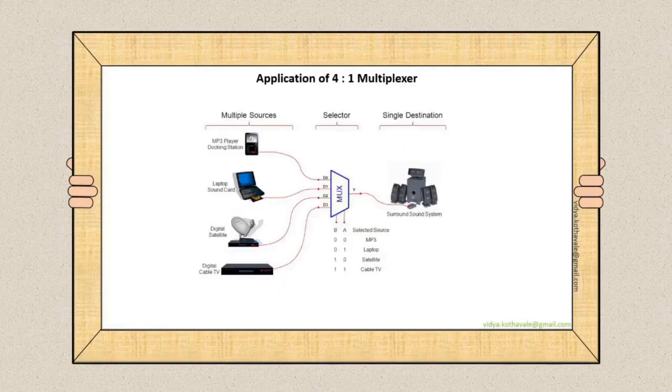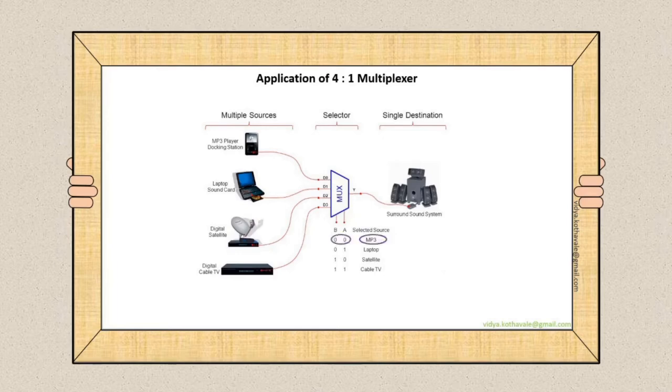Application of 4:1 multiplexer. When there are multiple sources at the input and we need only one source to be connected to the output at a time, then depending upon the select line inputs, we can select one among the multiple sources.